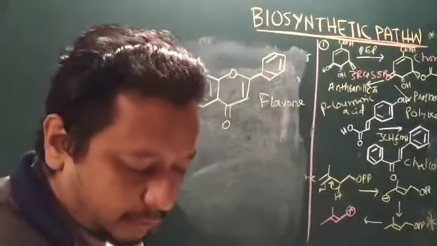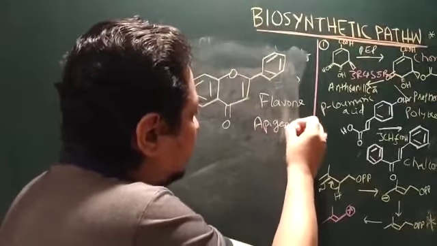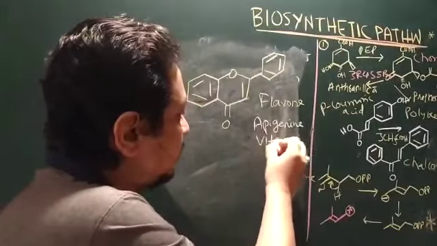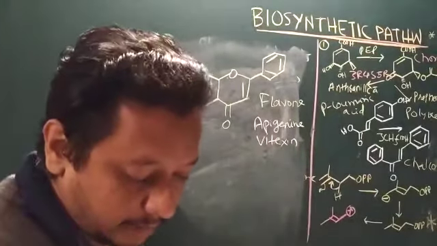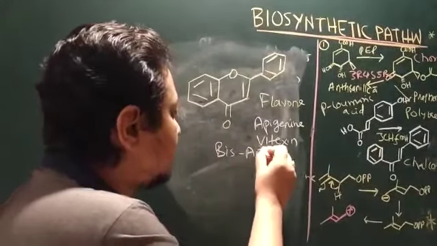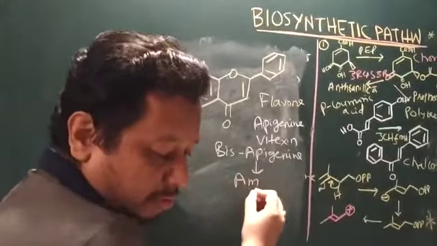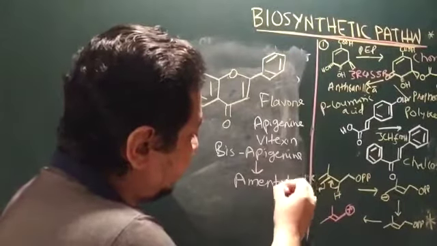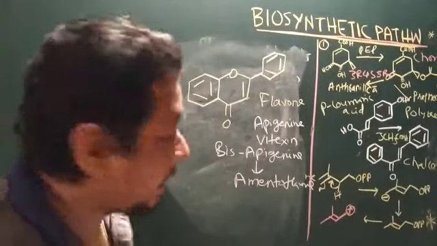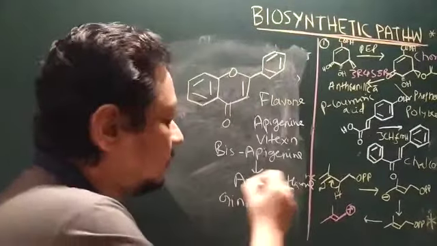And examples of flavone, you have apigenin, then you have vitexin, which is a glycoside of apigenin. Then bis-apigenin. The bis-apigenin is known as amentoflavone. Yes, amentoflavone, which is present in Ginkgo biloba. Okay, Ginkgo biloba, you can look into it.